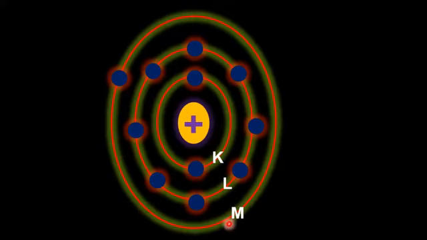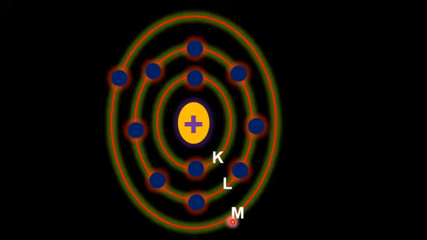Dear student, please note that as a whole, the M shell in an atom is divided into 3 subshells. These subshells are 3s2, 3p6 and 3d10.